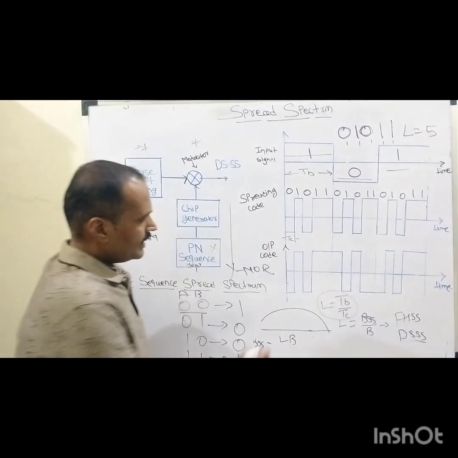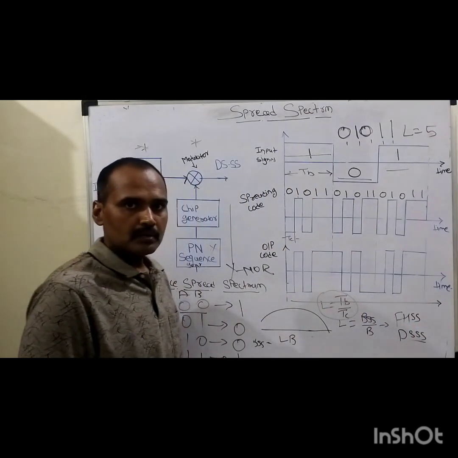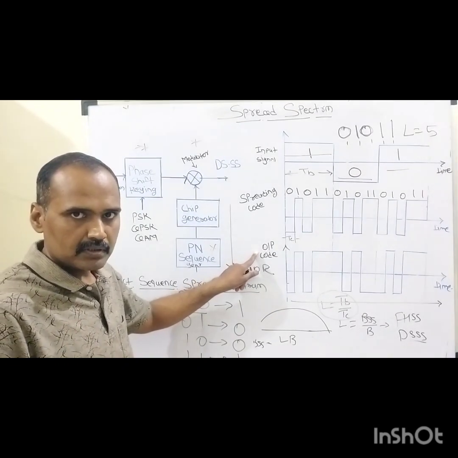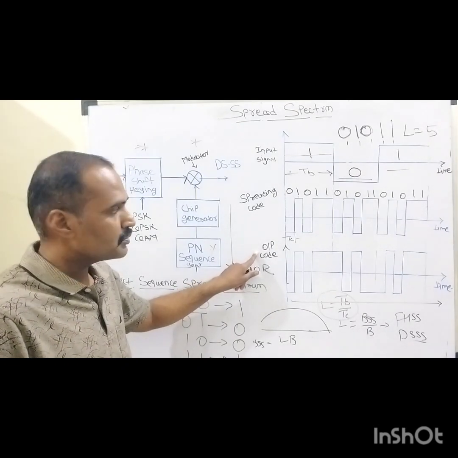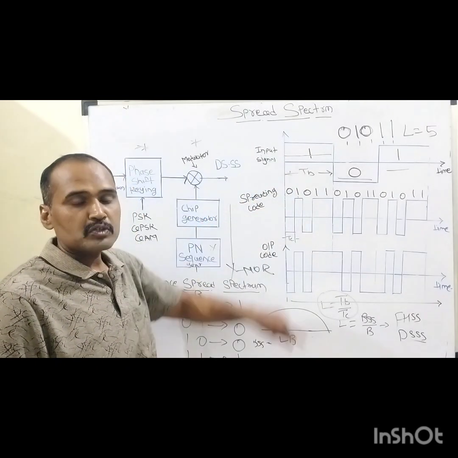Now, to generate the desired output signal, or in order to have the desired output code or output waveforms, what we need to do, as I told you earlier, is a bit by bit XNOR operation.